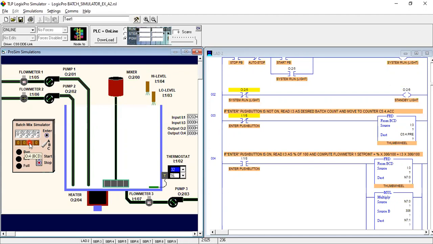When you go to this display, it will show the output for BCD, binary coded decimal. And when you move the cursor on the thumb wheel, it will show input 3 and BCD. So this is the thumb wheel.